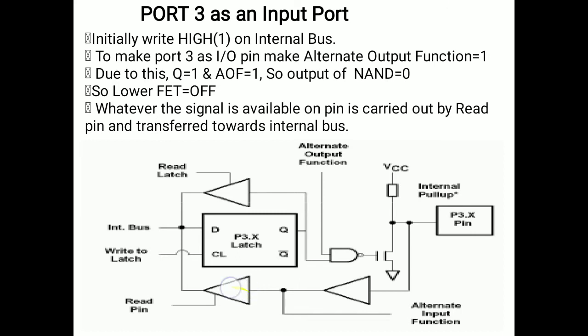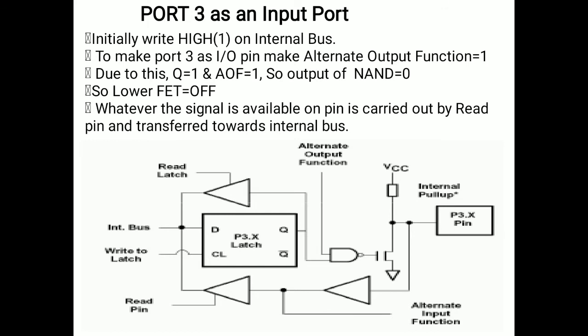Whatever signal is available will follow this path, and after this activation it will move towards the internal bus. So as in port 2, whatever signal is available at the port pin simply moves towards the internal bus, as we activated the read buffer. So it will follow the low resistance path.